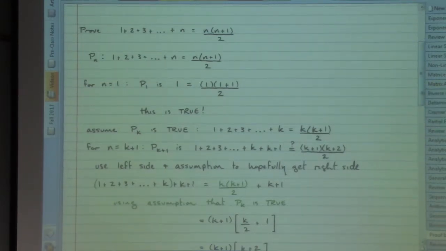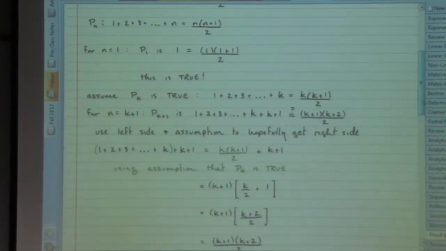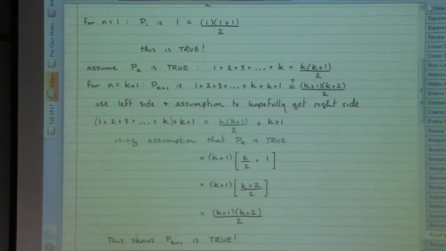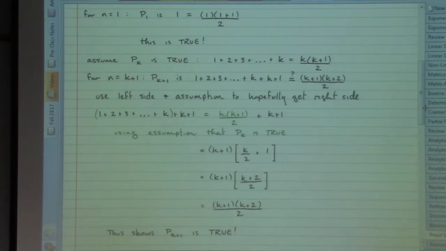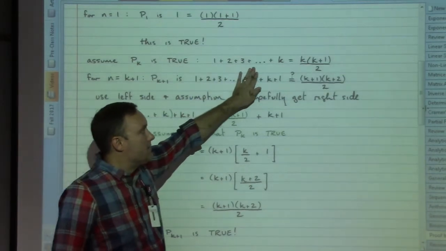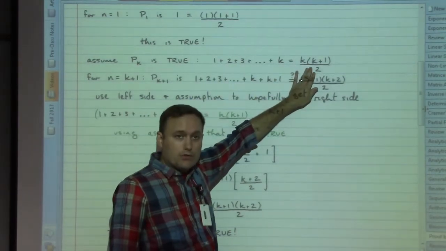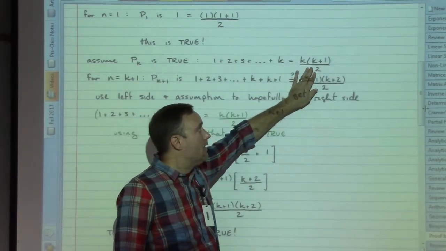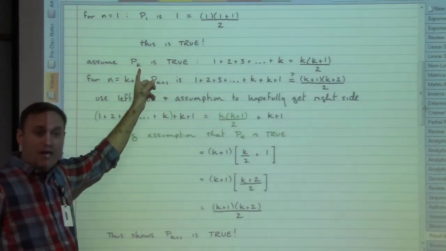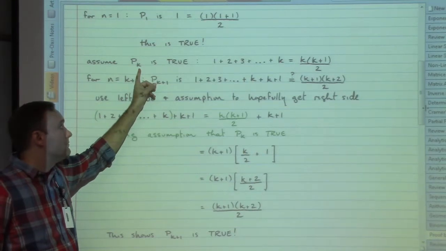Let's see if we can bring enough of this up that we've got room to work our way through. So we're going to assume that a generic step is actually true. That's when we have an index of k, because we're being generic.